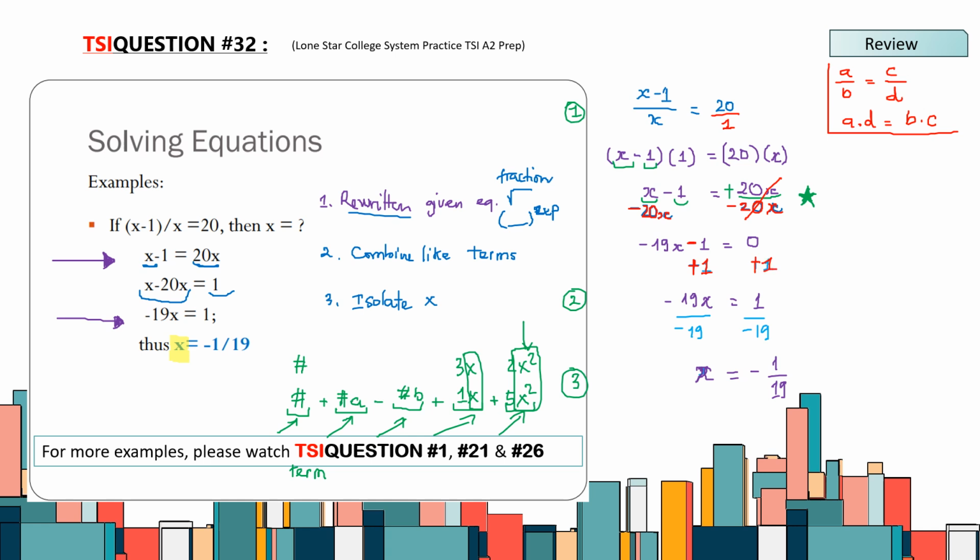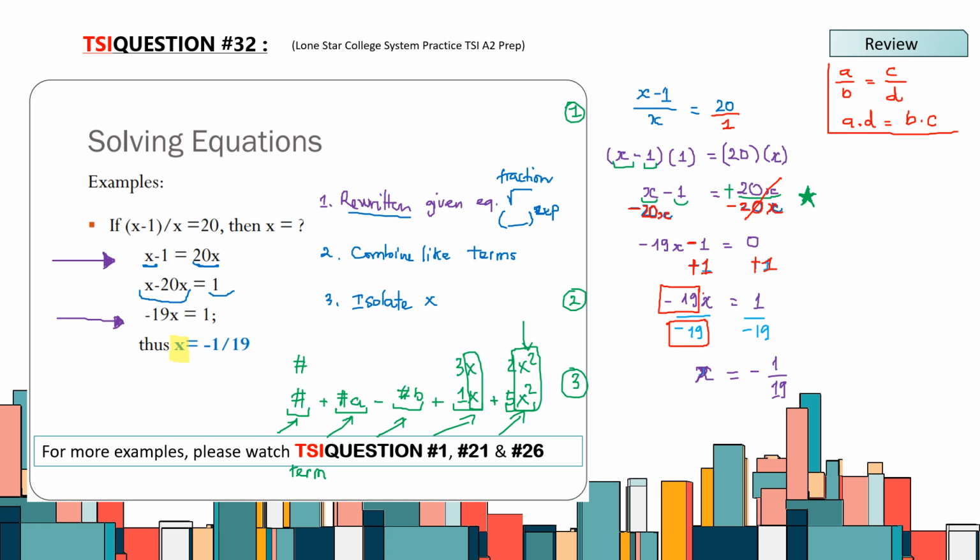Then we will have one term equal a number. So we always isolate x by dividing by the coefficient. The coefficient is whatever number is in front of x, and you divide by the same amount.